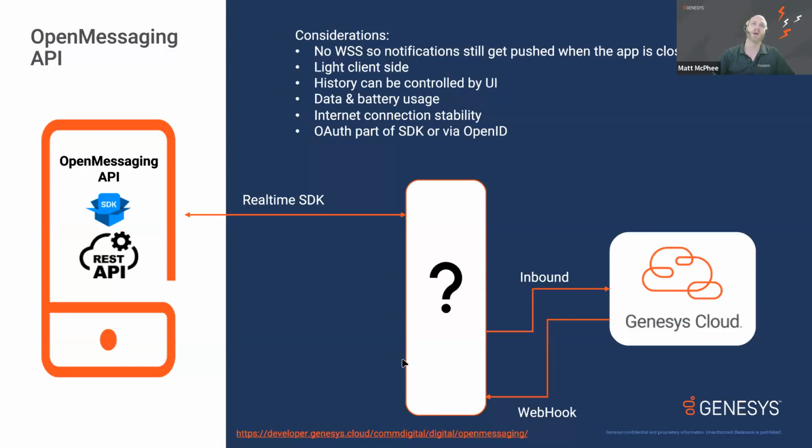Because you have this middleware, you can do a fair bit more around receiving push notifications from Genesys Cloud and then sending them across to the client side as well. One of the other considerations I don't really have listed on here, but does come up more over time, is that it takes away a lot of the complexity of the build being natively inside the app.